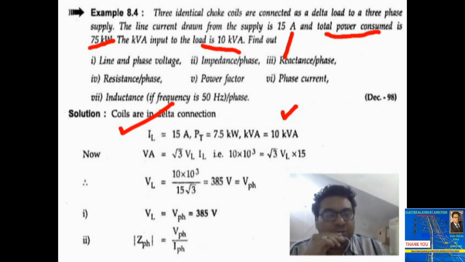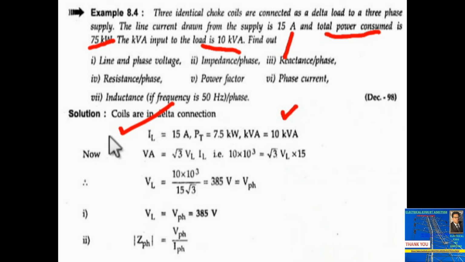Now you know the formula. The apparent power VA is equal to root 3 VL IL. Put the value of apparent power, 10 into 10 to the power 3, equal to root 3 VL into 15.